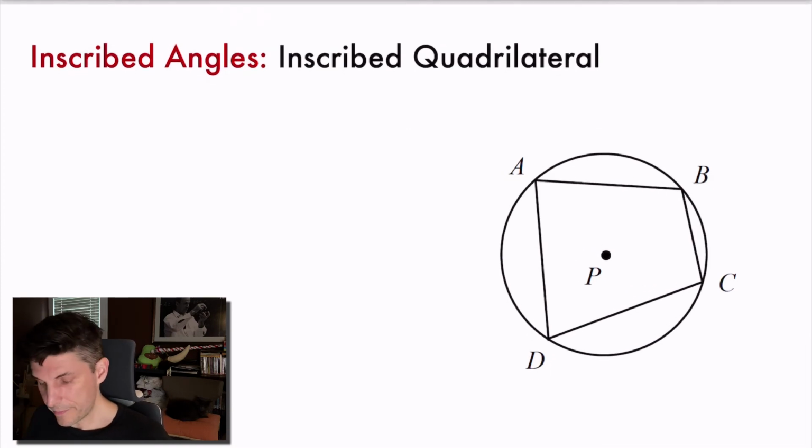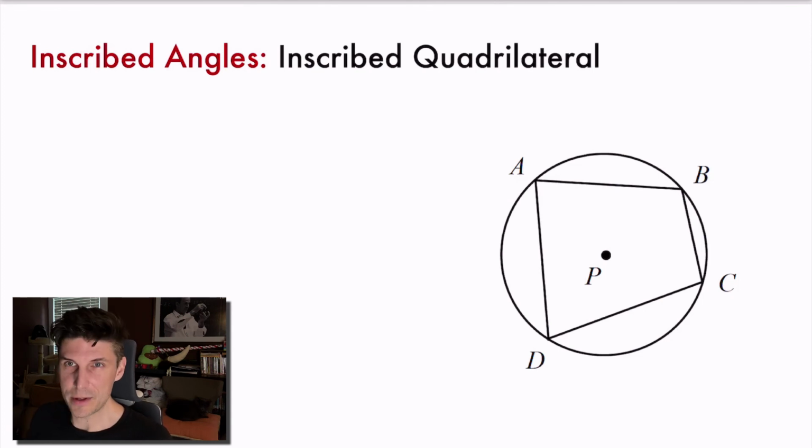So another thing to just ponder, and I'm not going to get into the proof behind this. You can try to prove this on your own. It's definitely very provable, and I think in a very easy way. If anyone wants to see it proved, let me know. Okay, so the property of an inscribed quadrilateral means that every single vertex of the quadrilateral lies on the edge of the circle.